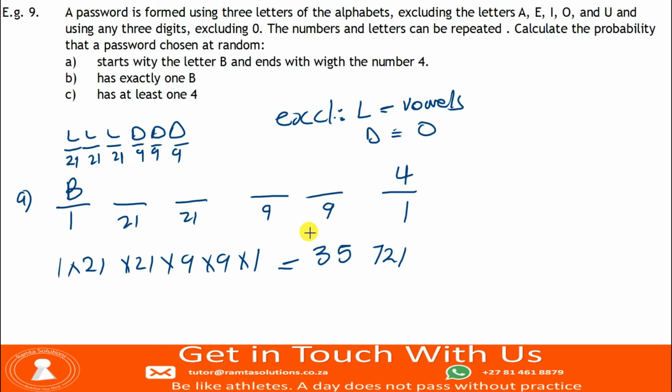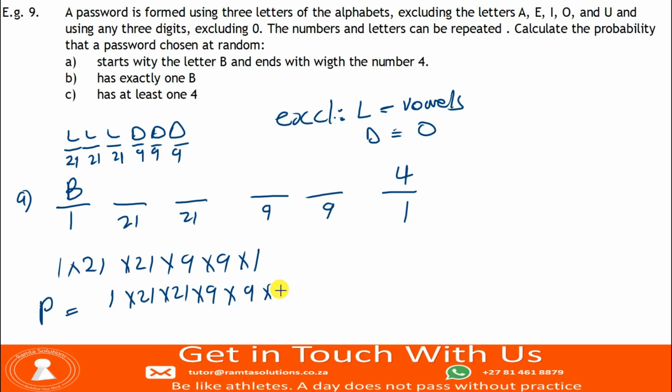Since I will be wasting time, let me not just get this. Let me just say the probability, therefore, of starting with a B and ending with a 4 is 1 times 21 times 21 times 9 times 9 times 1 all over... what is our total size? Our sample size will be 21 times 21 times 21 times 9 times 9 times 9.